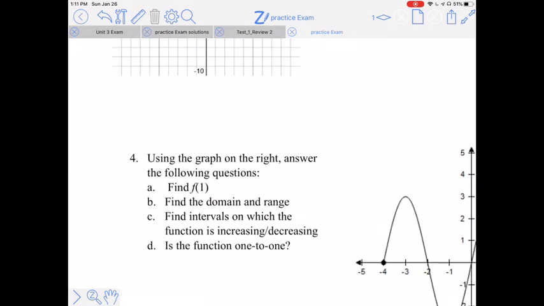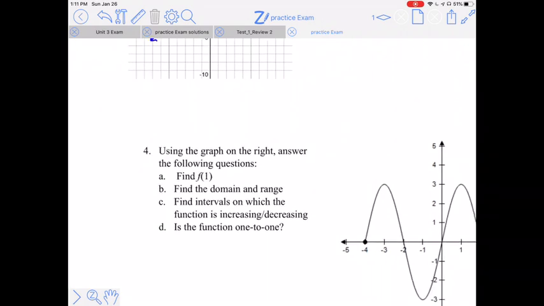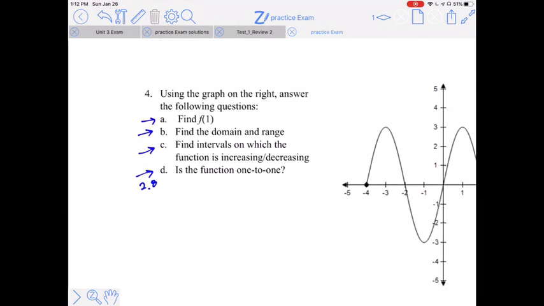Okay, question 4 is from 2.3. There were several learning targets in 2.3, and question 4 covers all the learning targets: evaluating a function, finding domain and range, intervals of increase and decrease, and this is actually from section 2.8, a one-to-one function. And there's one more that looks like it inadvertently was left off.